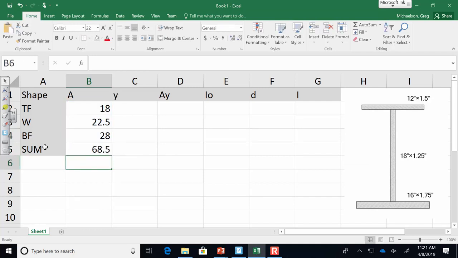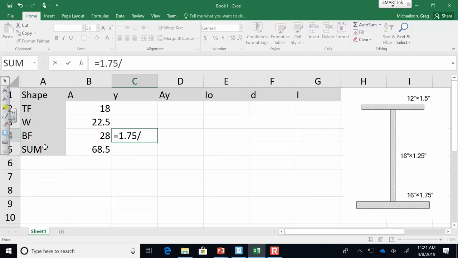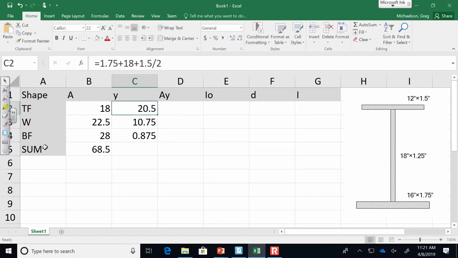Okay. So the bottom flange, the moment arm is 1.75 divided by 2. The web is 1.75 plus 18 divided by 2. That is 1.75 plus 18 plus that.